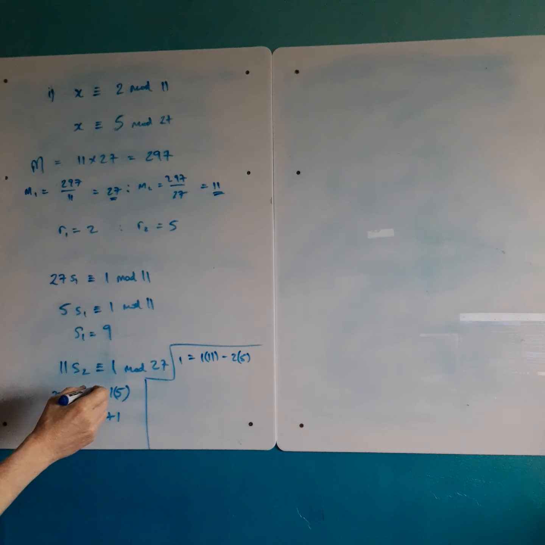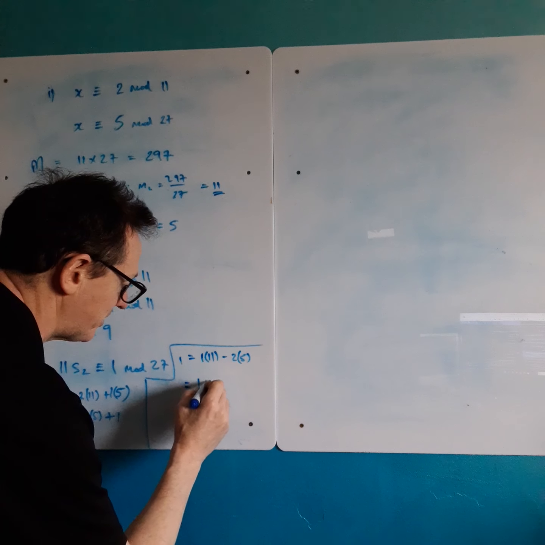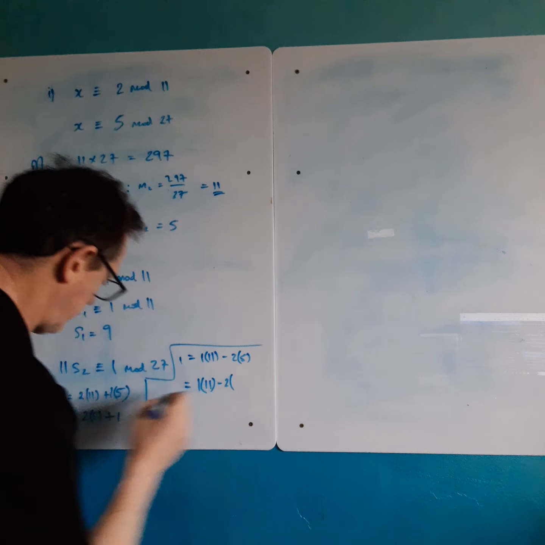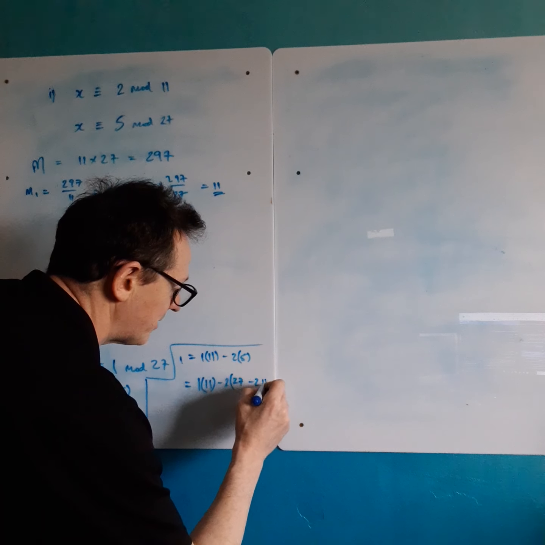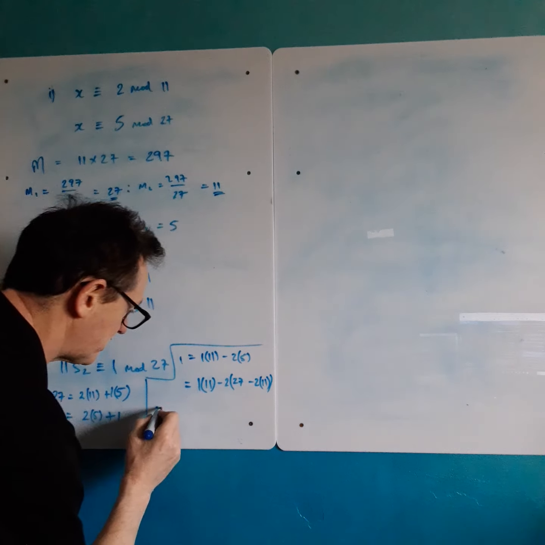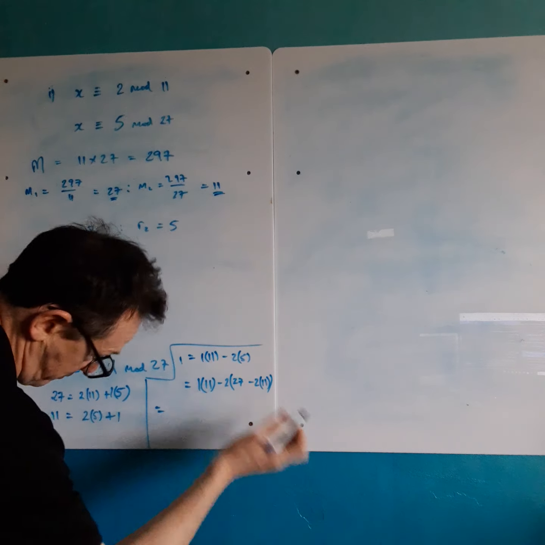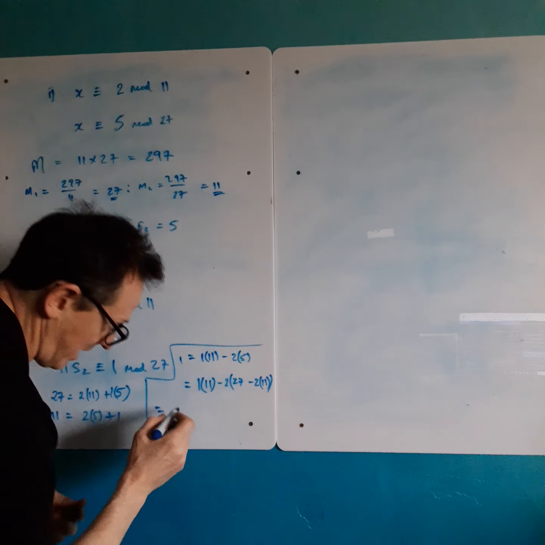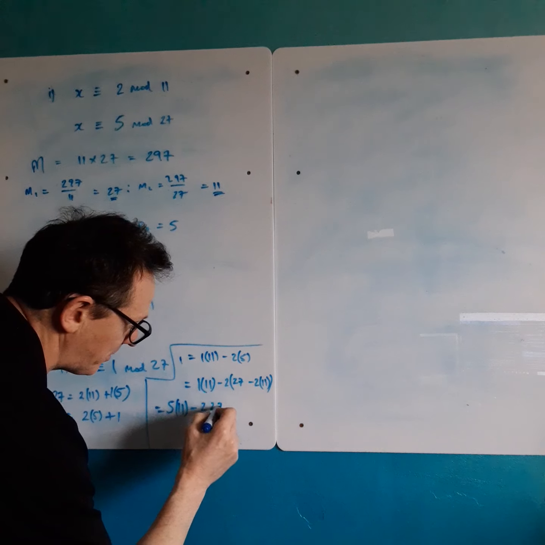I'm going to replace the 5 next. The 5 is equal to 27 minus 2 elevens. So that equals 11 minus twice (27 minus 2 elevens). When we tidy that up, it's 4 elevens, and 1 eleven makes 5 elevens, minus 2 twenty-sevens.